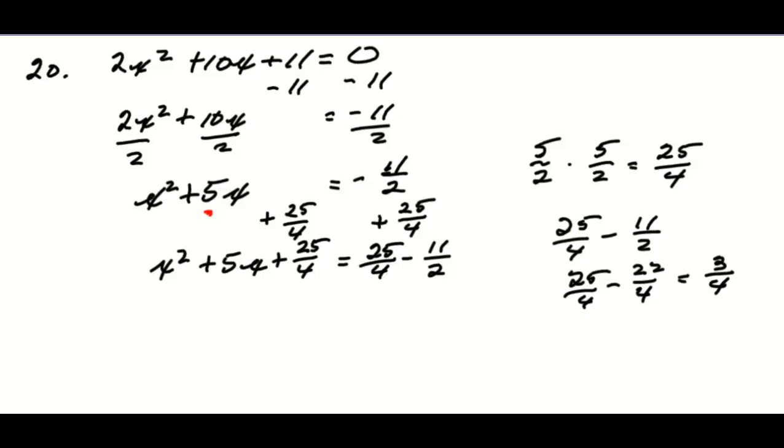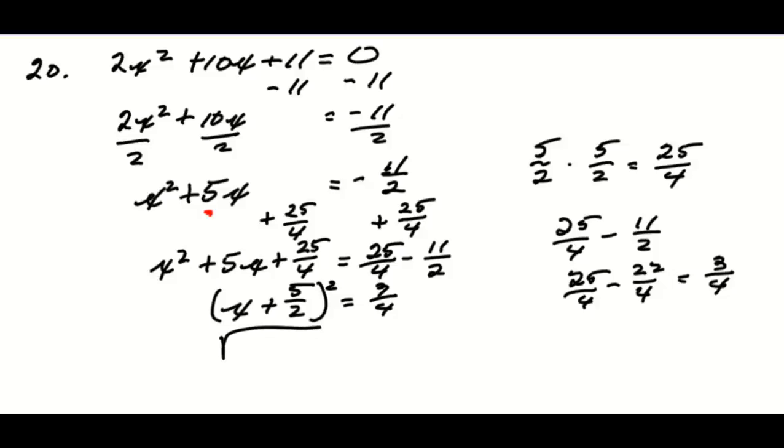So on the left side now we have the perfect square, and it happens to be x plus 5 over 2, that quantity squared, equals 3/4.